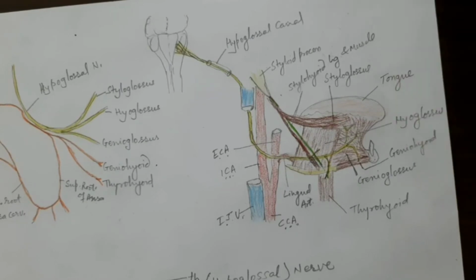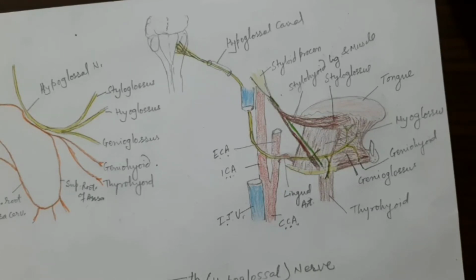They are longitudinal, horizontal and vertical muscles. Except one muscle of the tongue, the palatoglossus, which I have already told you, all the muscles of the tongue will be supplied by the hypoglossal nerve proper, the 12th cranial nerve.